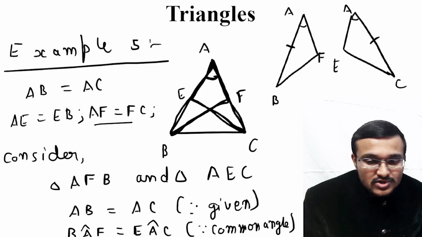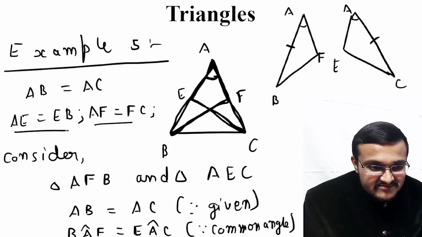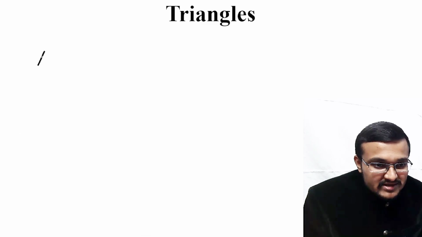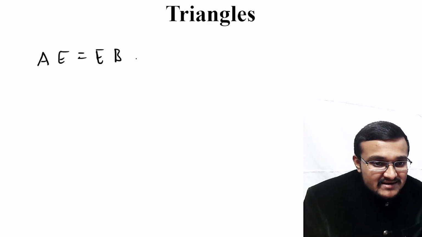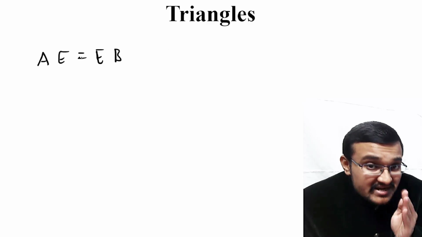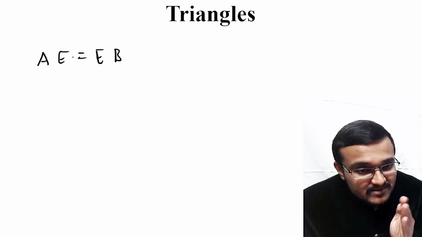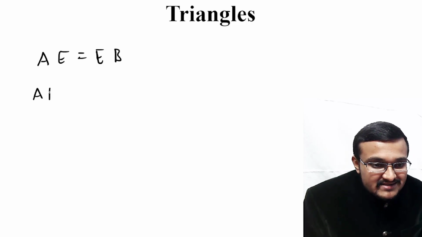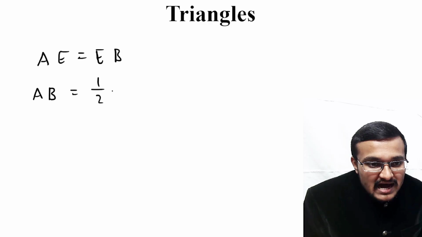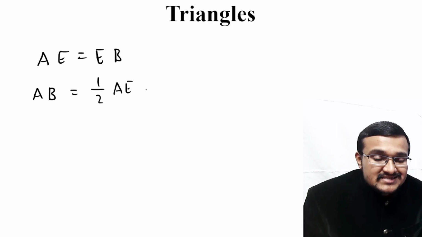Now we have to prove this particular AF is equal to AE. Before that we have this data: AE is equal to EB and E is exactly the midpoint of AB. So that means you can write this as AB is equal to half AE.